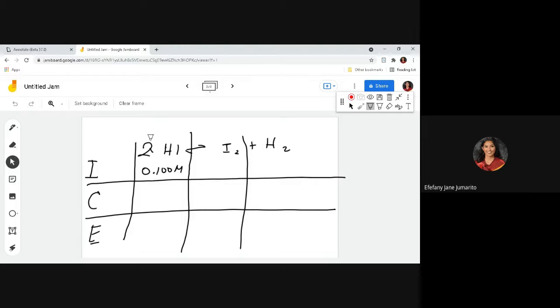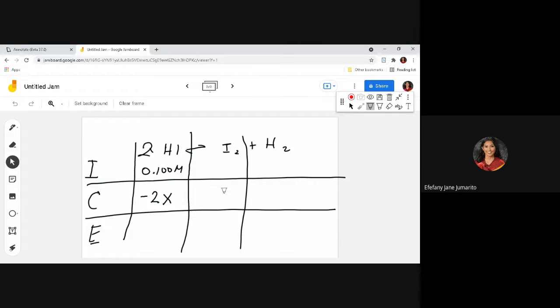What is the coefficient? 2. Because it's a reactant, it will be negative, so negative 2 times x. Let's suppose the change is x times 2.